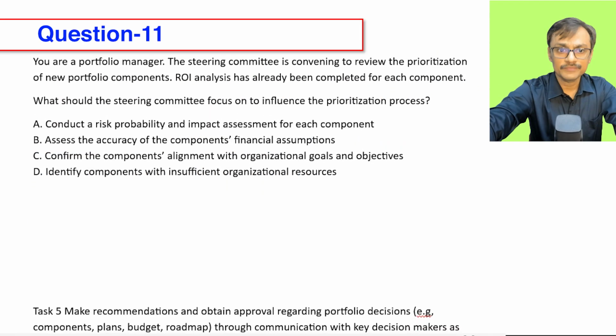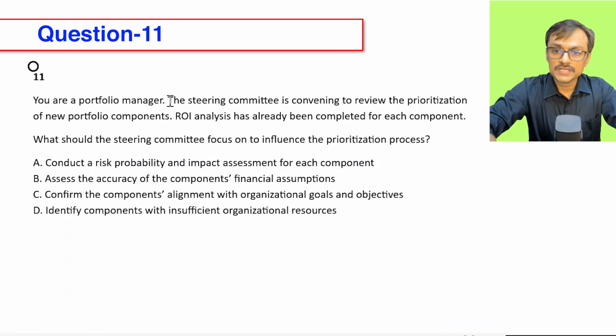Okay, question number 11. You are a portfolio manager. The steering committee is convening to review the prioritization of a new portfolio component. ROI analysis has already been completed for each component. What should the steering committee focus on to influence the prioritization process?